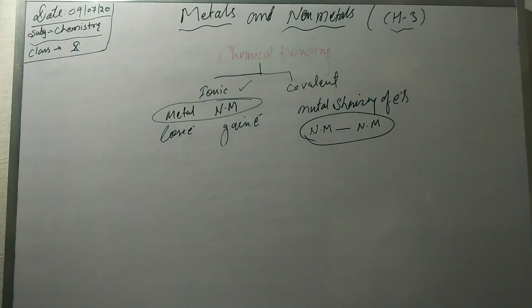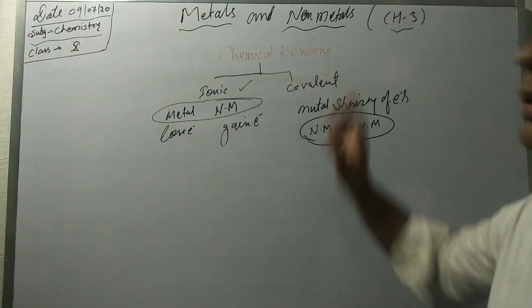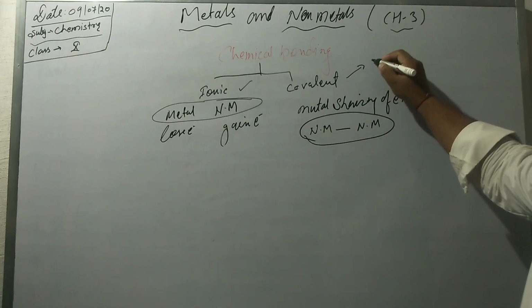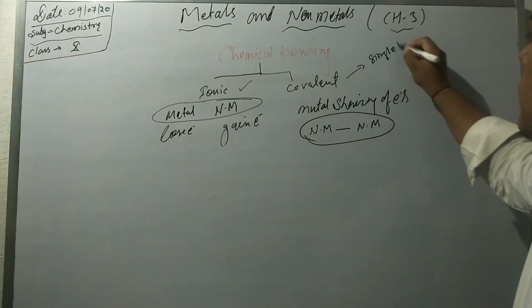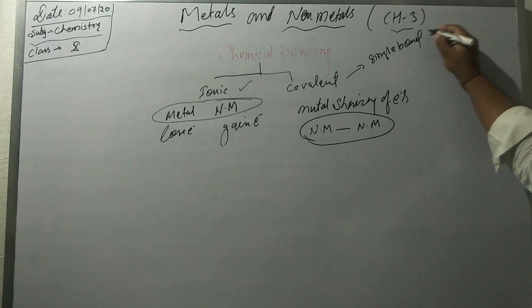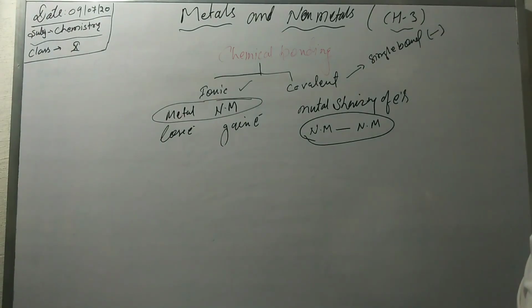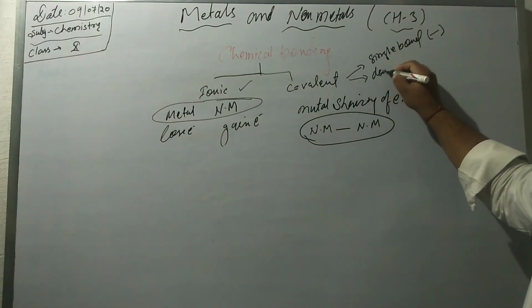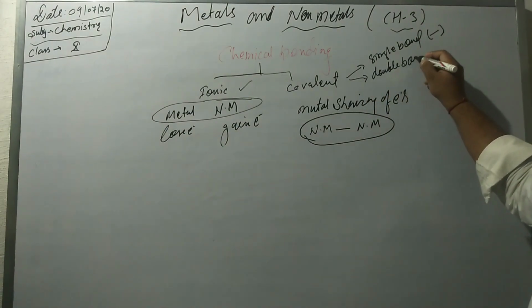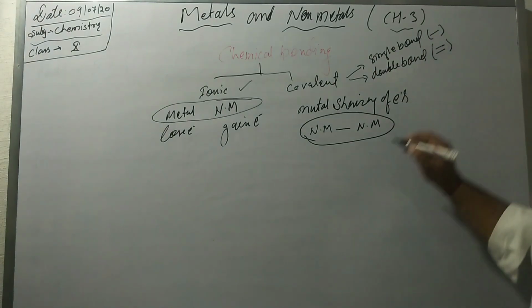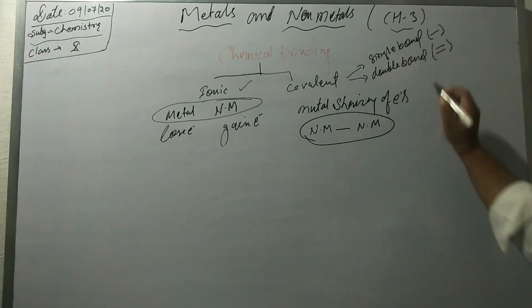Now, there are three types of covalent bond. First is single bond, represented by a single line. Second one is double bond, or double covalent bond, represented by two lines between two atoms.